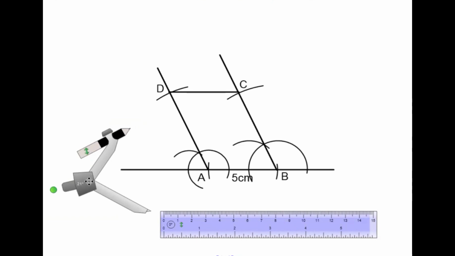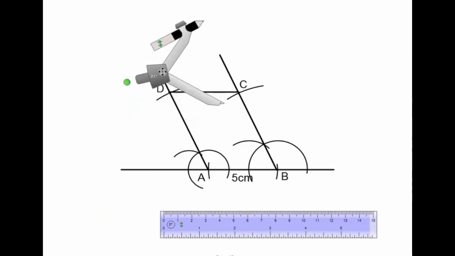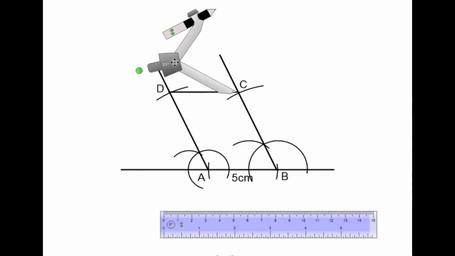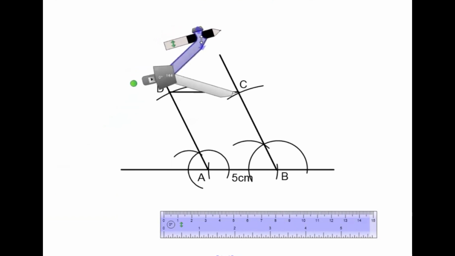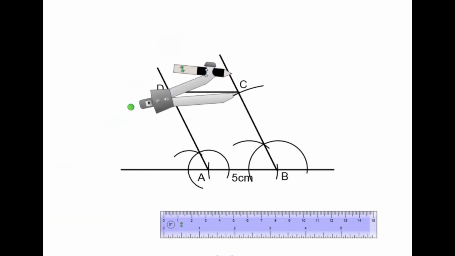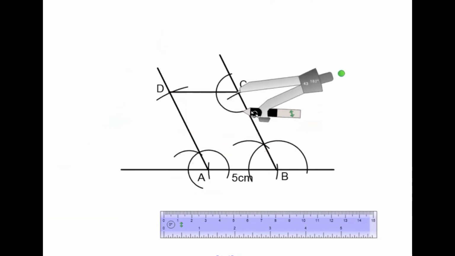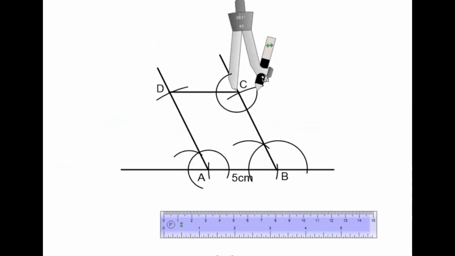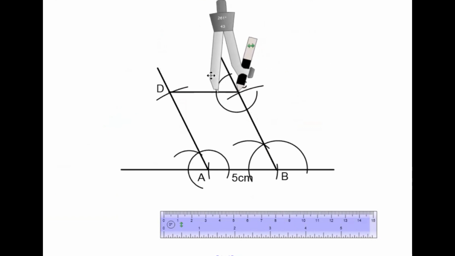What do we have to do? Let's bring our compass to this point C here. We want to bisect the angle there with a convenient radius. We want to construct an arc. And when you construct the arc, come to this place as the center, extend to a convenient radius now.